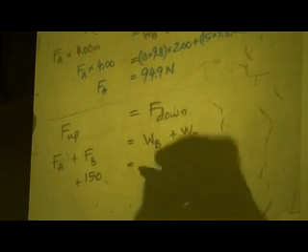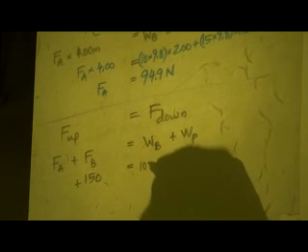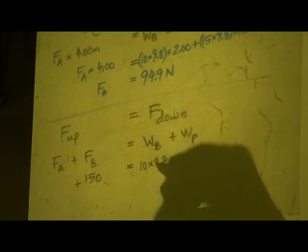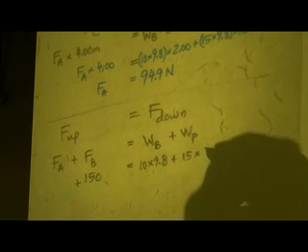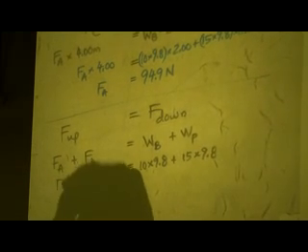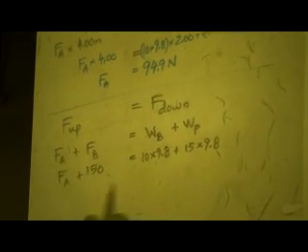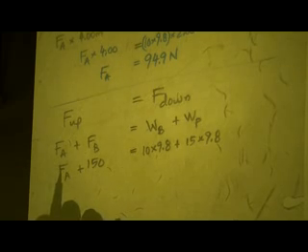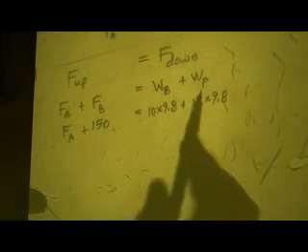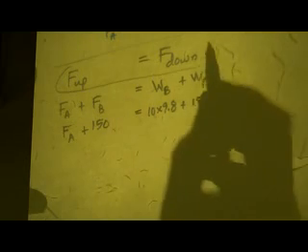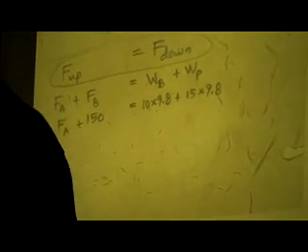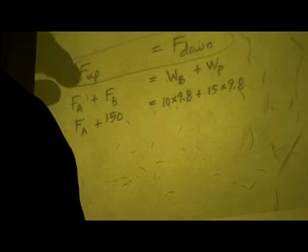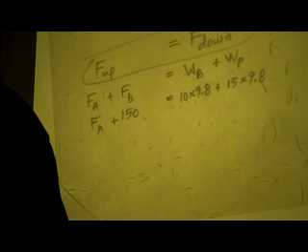This one here is, of course, 10 times 9.8. And this one's 15 times 9.8. And now you've got one equation, one unknown. So this is definitely the quicker way to go instead of doing a whole different torque equation. Once you've found one of the supports, that's definitely easier to do it this way.